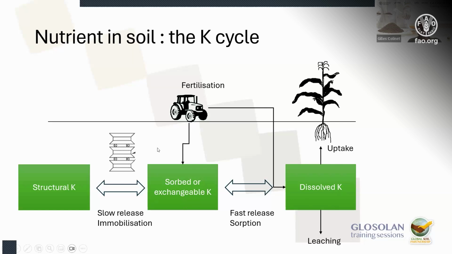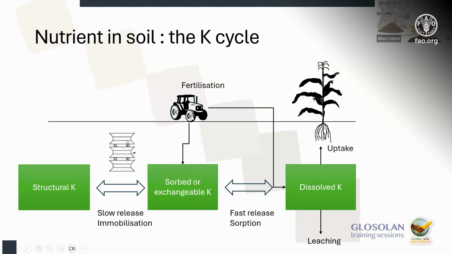And this sorbed form can also enter the structures of the minerals, mainly the clay minerals. When they are weathered, they are opening themselves, and the space between the layers of clay is becoming wider, and the elements that are there can go out.